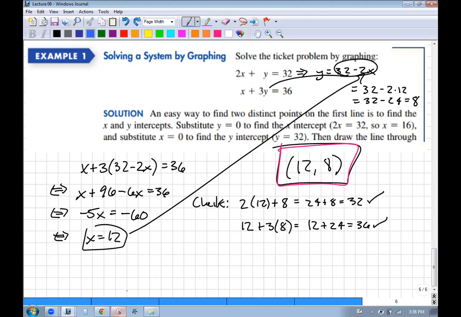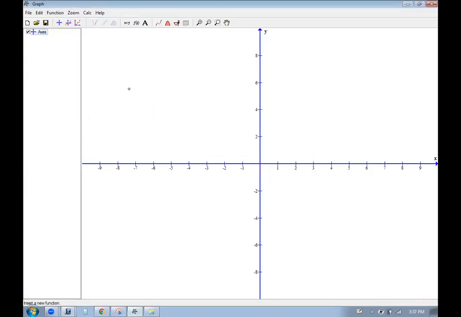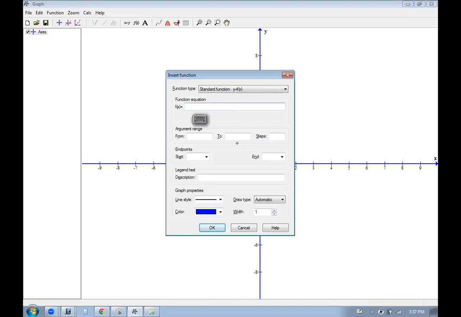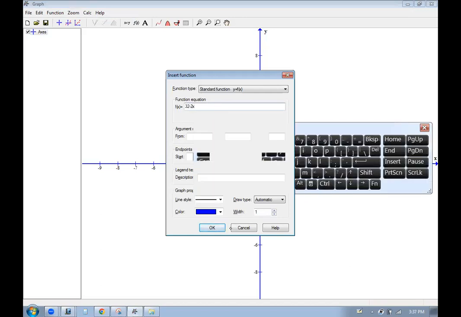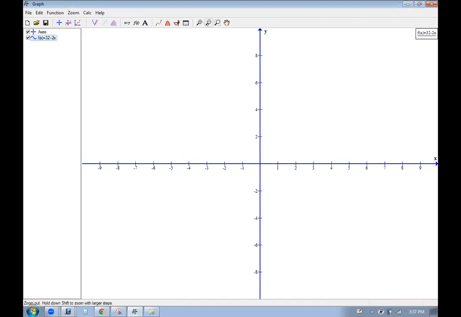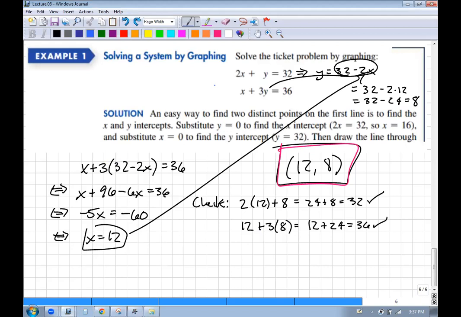If we graph these, let's see, y equals 32 minus 2x is the first one. There it is. And let's look at the other one. This guy, the second one, I need to put it into functional form.